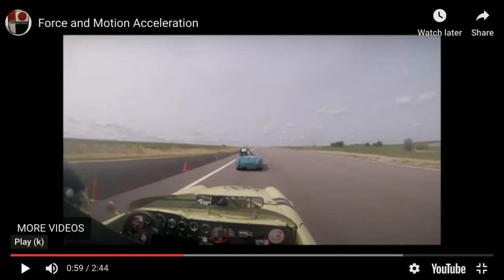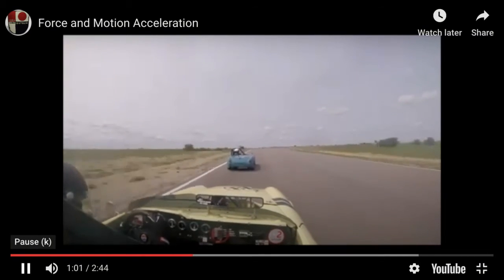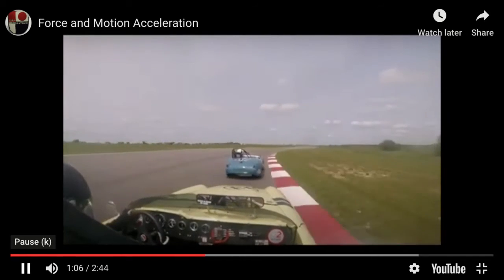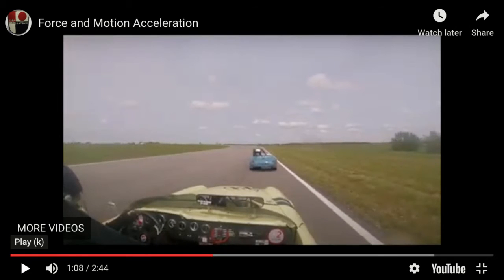As I speed up here in a straight line, would my velocity change if I slowed down? True or false? The velocity would change if I slowed down. True or false? As you hear me accelerate, as I'm coming through this corner, this would be an example of positive acceleration.